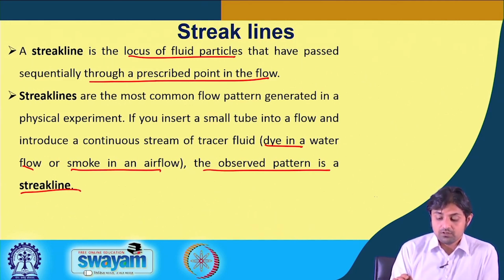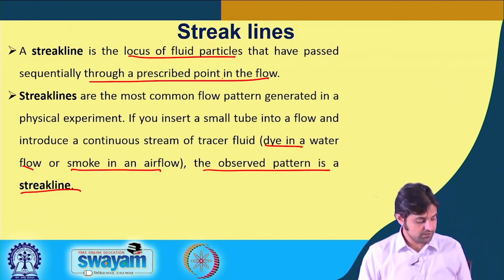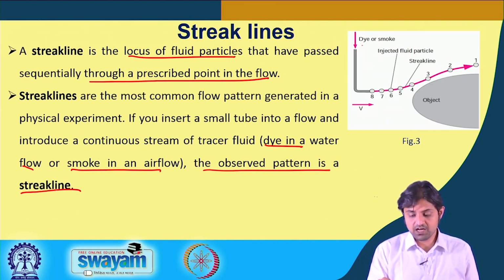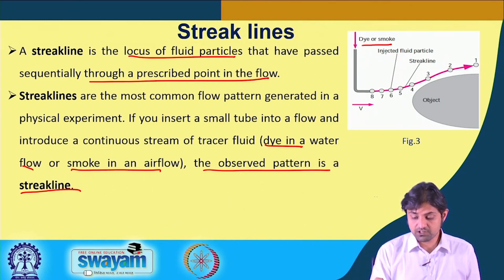because we are seeing the locus of that particle through a prescribed point in the flow, because that tracer is at one specific point and we are following the movement of that particle. For example, if you inject a dye in case of water, or smoke in case of an airflow, and there is an object here, and this is the point at which we have injected the fluid particles.